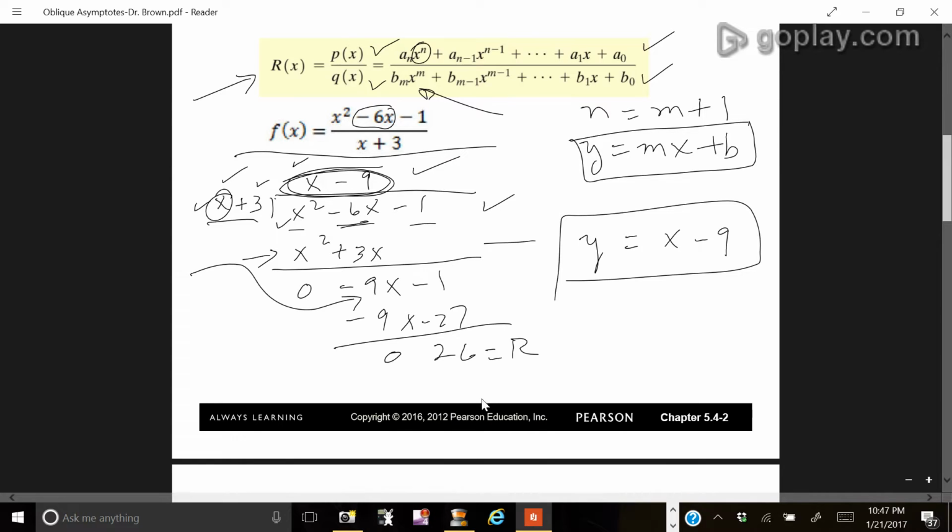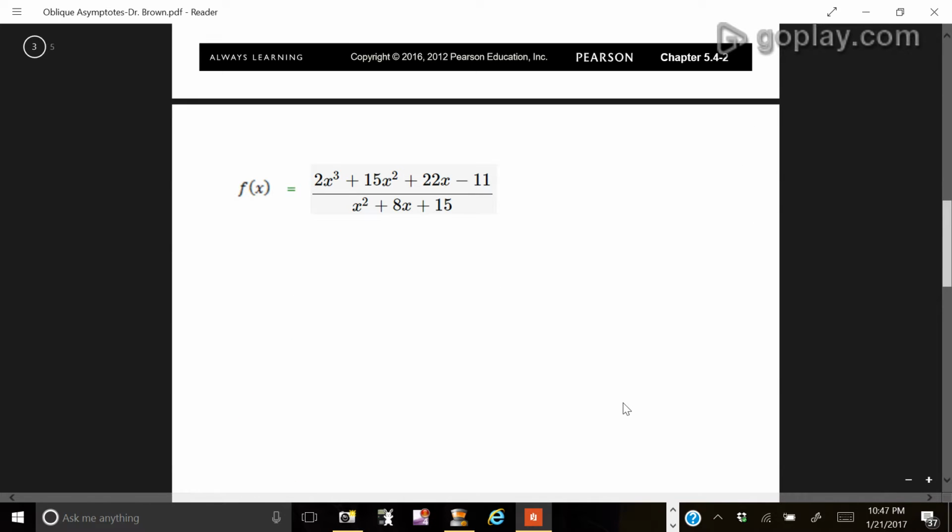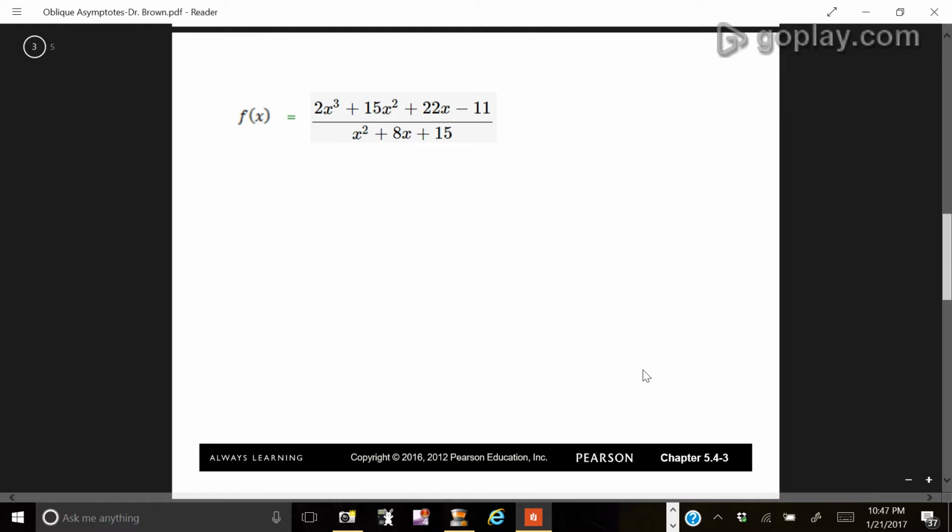Let's do another one. Another rational function. Notice that the degree of the numerator is 3, the degree of the denominator is 2, so we know we'll have a slant asymptote.